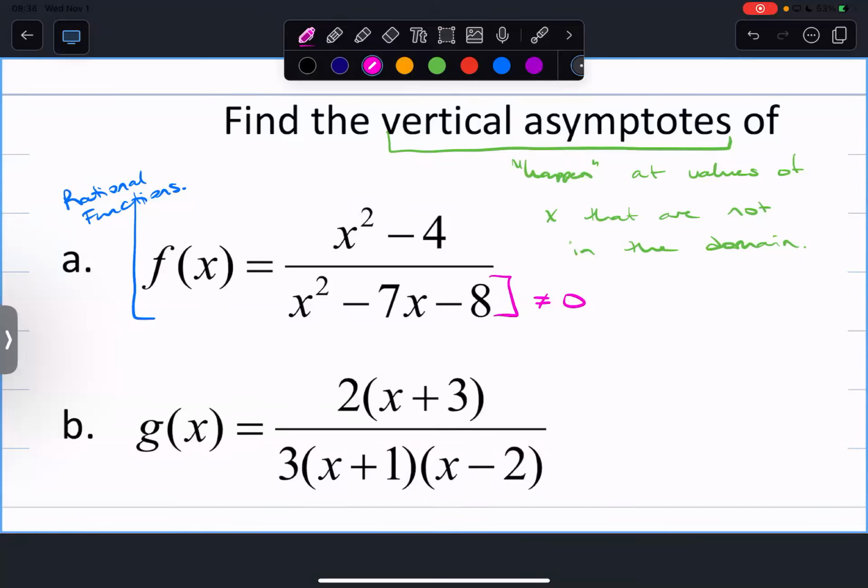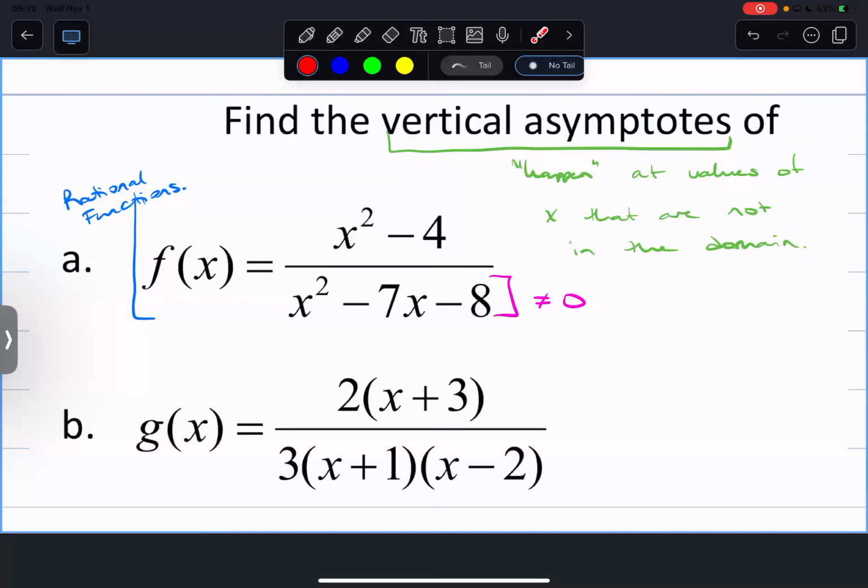What adds to -7 and multiplies to -8? Probably -8 times +1, -8 plus 1. Oh, dang, it works. But if you're like me and you don't see that right away, that's okay. As long as you have a quadratic, you can use the quadratic formula.